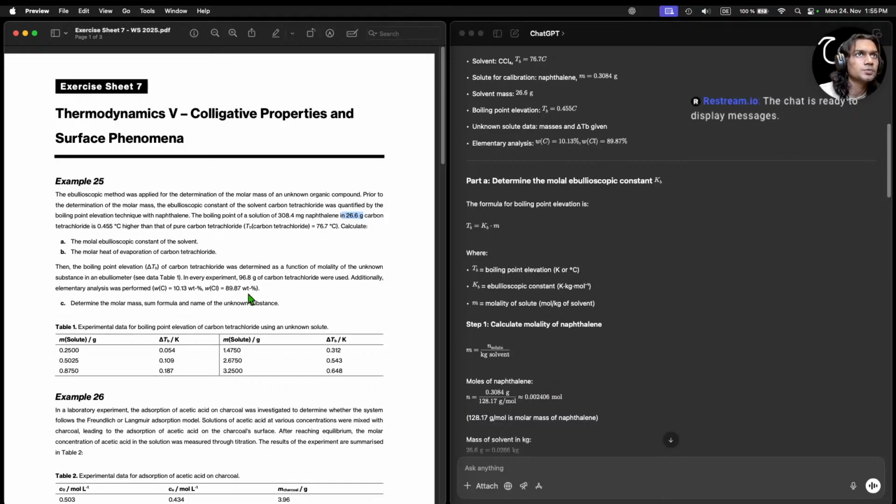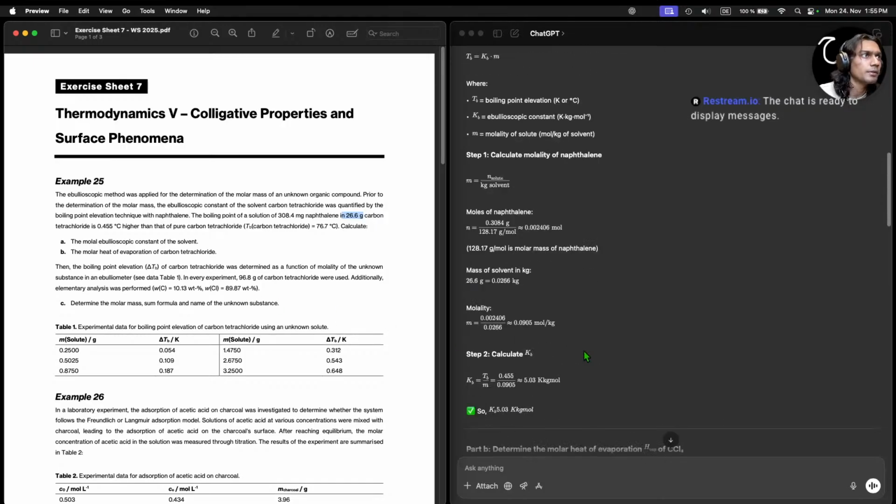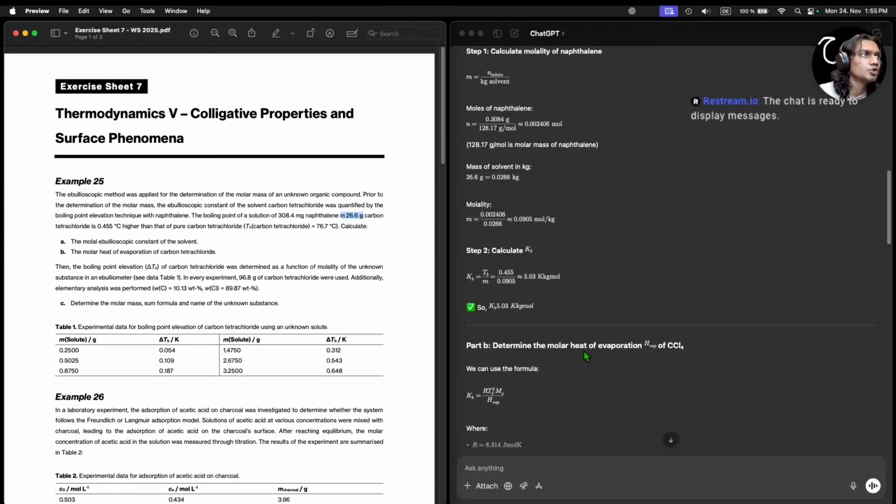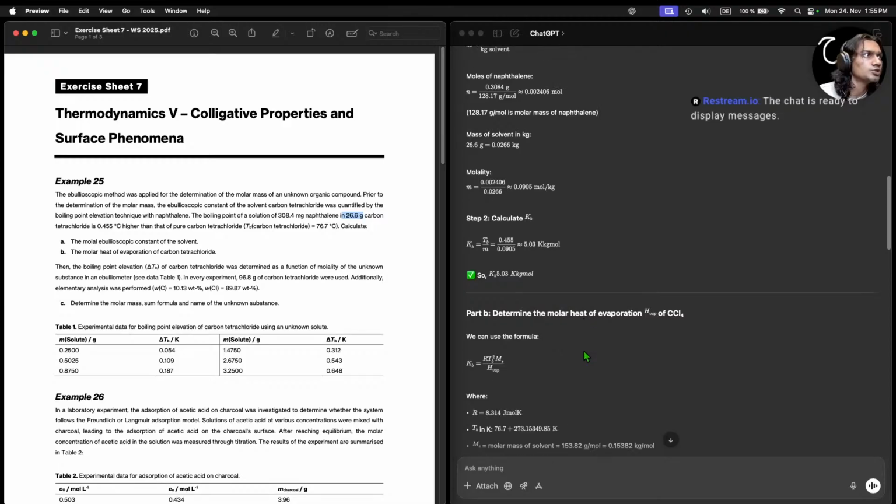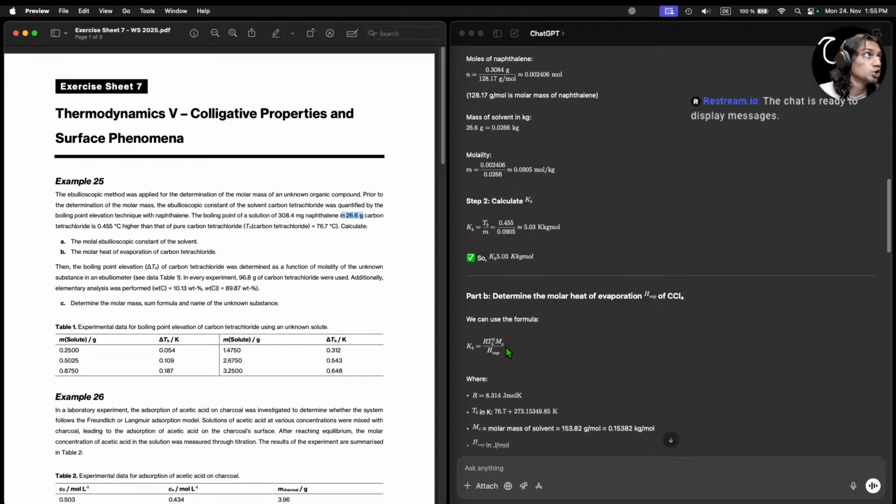Okay. That's the first one. Now, molar heat of evaporation. Determine the molar heat of evaporation of carbon tetrachloride. We use the formula. Oh, that's a pretty good formula. Where R is 8.314 joules per mole Kelvin, and TB in Kelvin is 76.7 plus 273.15.